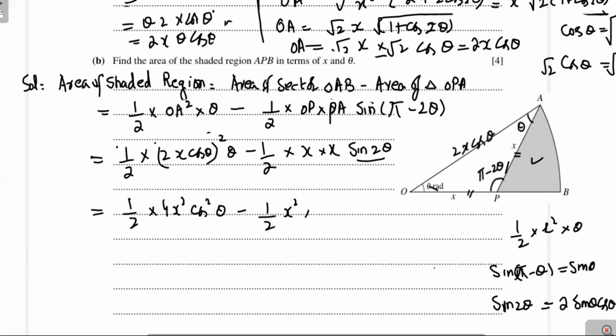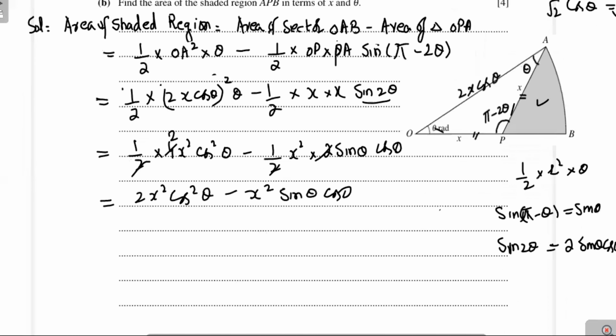Therefore, we write here 2 sine theta cos theta, and the 2 will be cancelled, and 2 times 2 is 4, and therefore we get 2x square cos square theta minus x square sine theta into cos theta.